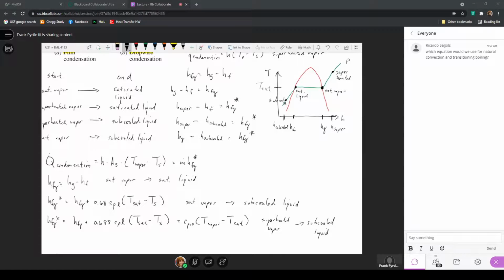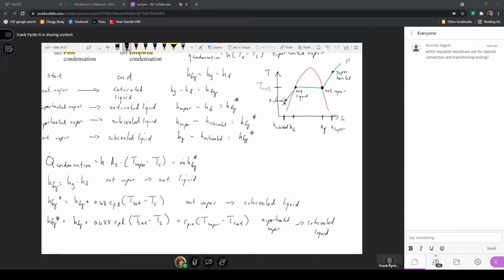This is when that surface temperature is below the saturation temperature, so that we end up with a subcooled liquid that is formed on that surface. So that's because we removed enough heat to get it to become a saturated liquid, then more was removed to get it to become a subcooled liquid, where that would be just this surface temperature here.